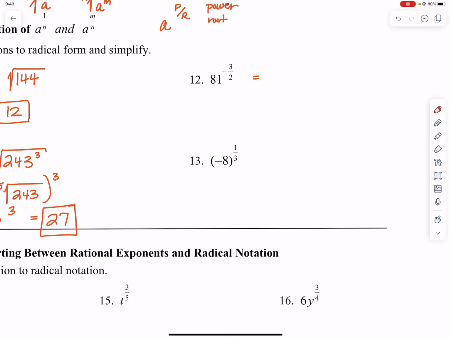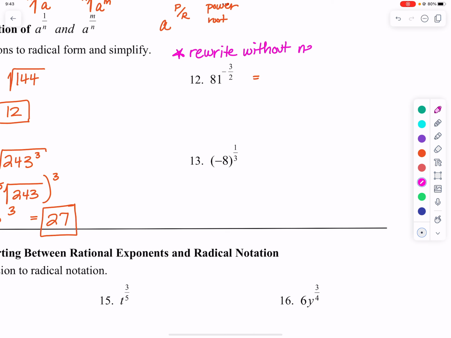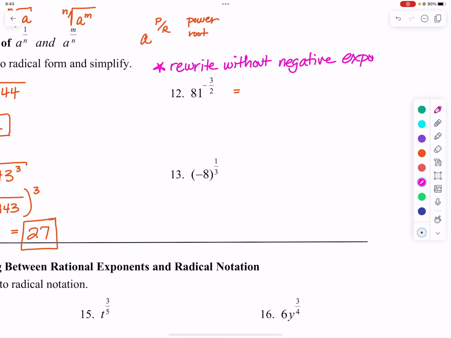So I think the most important thing is to first consider the negative exponent. So we want to rewrite without the negative exponent, if you have one. So this exponent right there, we don't want. So we could go ahead and say 1 over 81 to the 3/2 power.